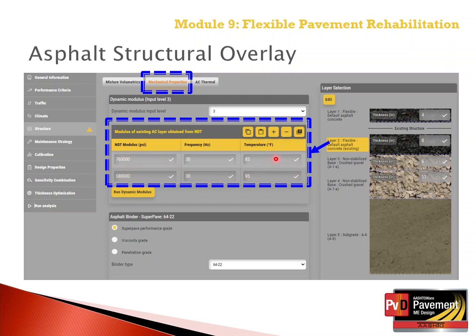Generally, there has to be at least a minimum of 10 degrees Fahrenheit difference, preferably around 15 degrees Fahrenheit difference, to see any difference in the back-calculated elastic layer moduli based on temperature, and not some other on-site variable like debonding in areas, stripping in areas along the project. But this is where the back-calculated layer moduli data for the existing asphalt layer are basically entered.